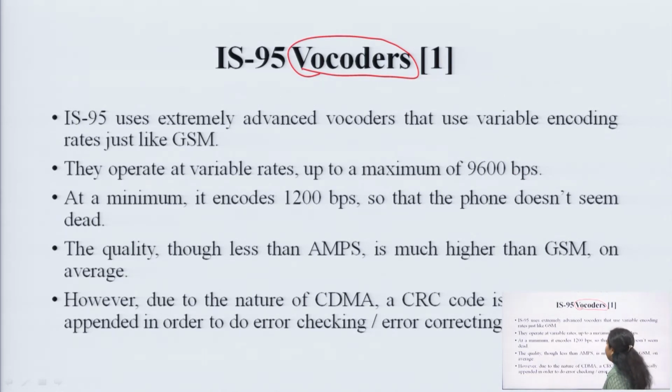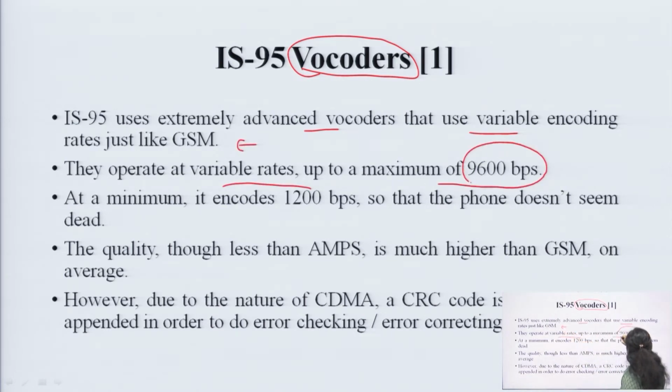IS-95 uses extremely advanced vocoders that use variable encoding rates, just like GSM. They operate at variable rates up to a maximum of 9600 bits per second. At a minimum, it encodes 1200 bps, so that the phone does not seem dead.